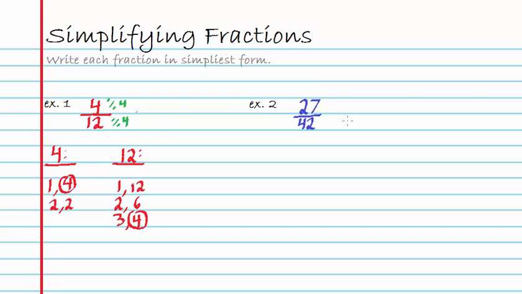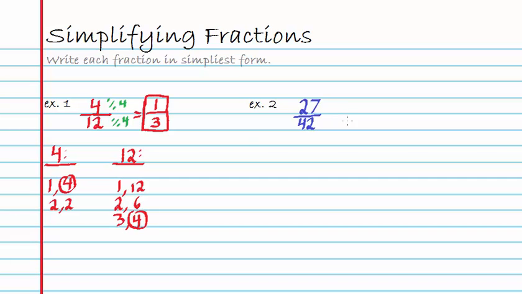And when I do that, 4 divided by 4 on top is 1. And on the bottom, in the denominator, 12 divided by 4 is 3. So this fraction in simplest form is 1/3. So 4 over 12 is equivalent to 1/3.